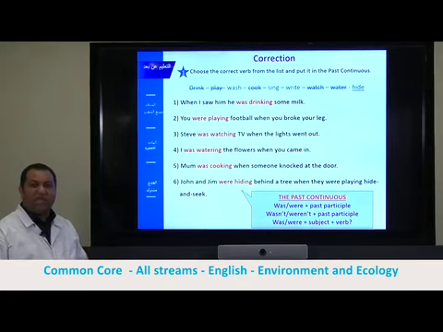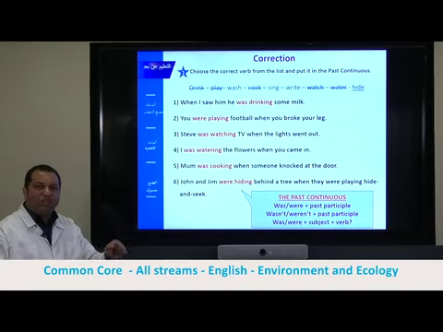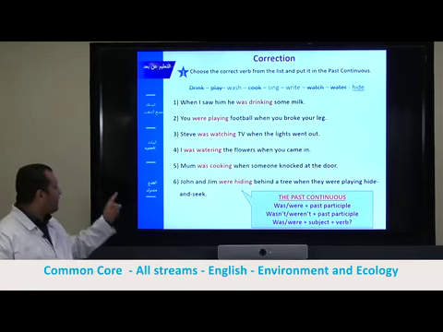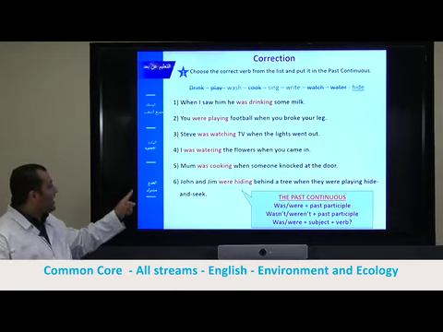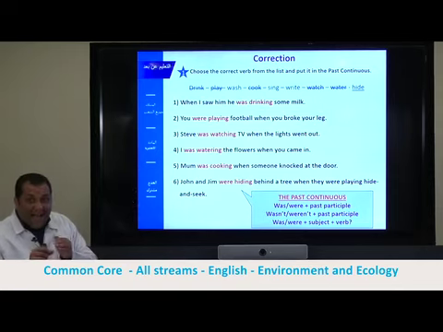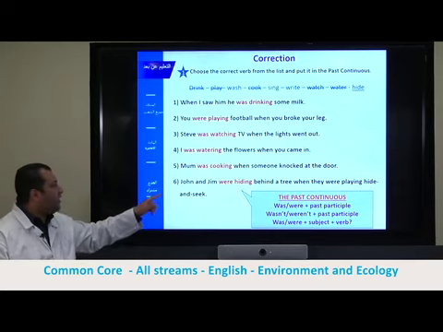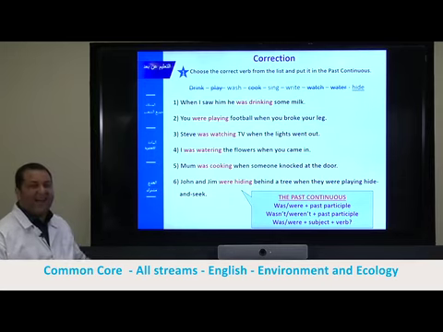It means when someone knocked at the door, my mom was in the action of cooking. So cooking is a long action. Knocking at the door is a short one. 6. John and Jim were hiding behind a tree when they were playing hide and seek.